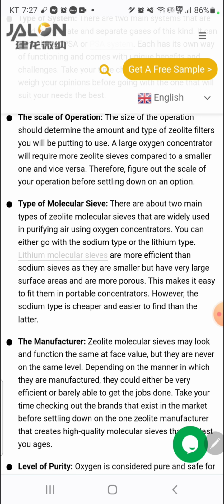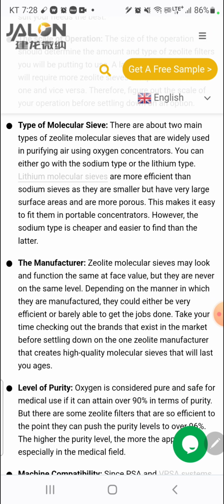Lithium molecular sieves are more efficient than sodium sieves as they are smaller but have very large surface areas and are more porous. This makes it easy to fit them in portable concentrators. However, the sodium type is cheaper and easier to find than the latter.